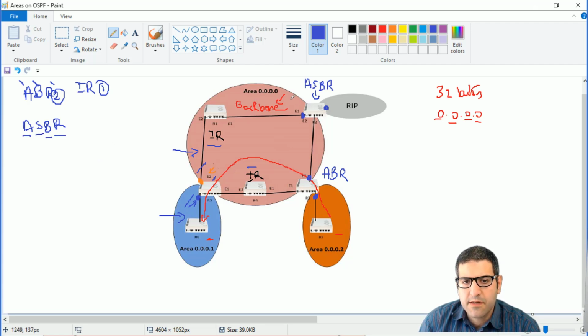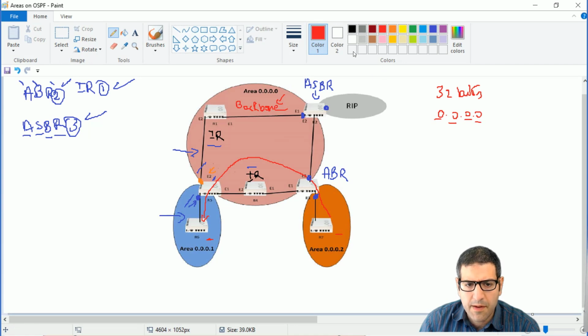Those are the three types of routers we can have in our OSPF network. Type number 1 is the interior router, which is the router inside the area itself. ABR is a router connected to two areas, the backbone area and another area. And ASBR is the router connected to the backbone area and another network like RIP.